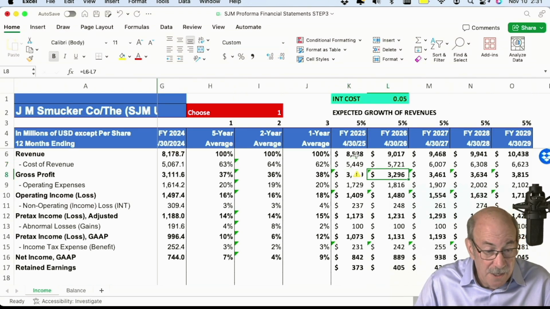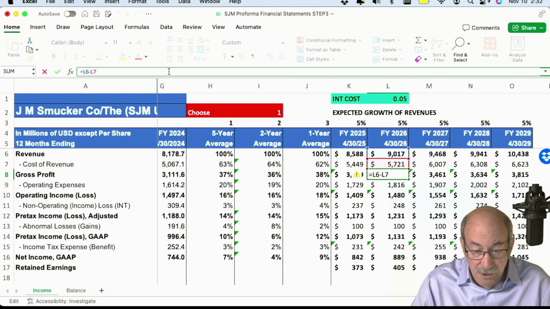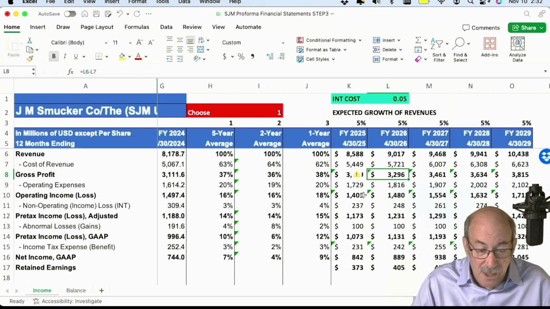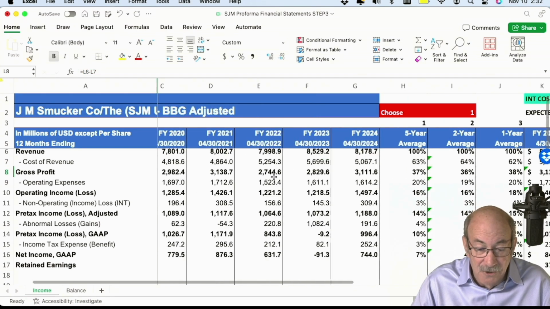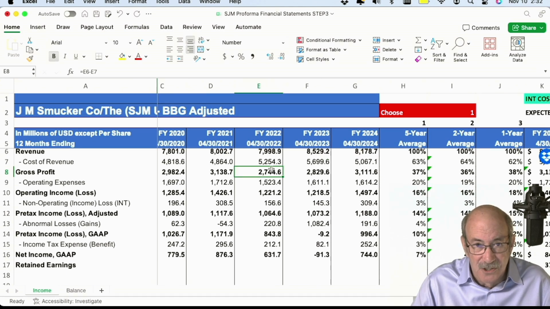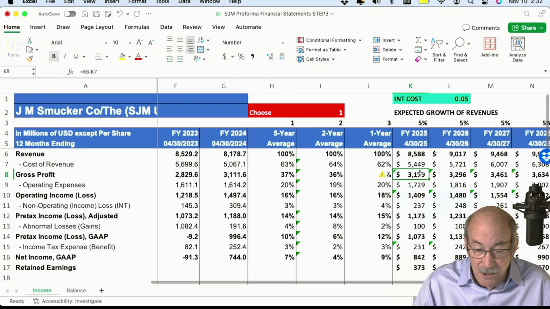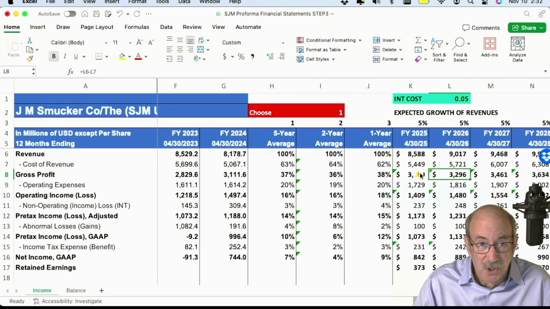So here I've got actual subtotals as opposed to a percent of revenue, just like I did on the historical ones. In truth, you really don't have to change these to subtotals. It's really these that are important, that those are truly subtotals as opposed to just a percent of sales.